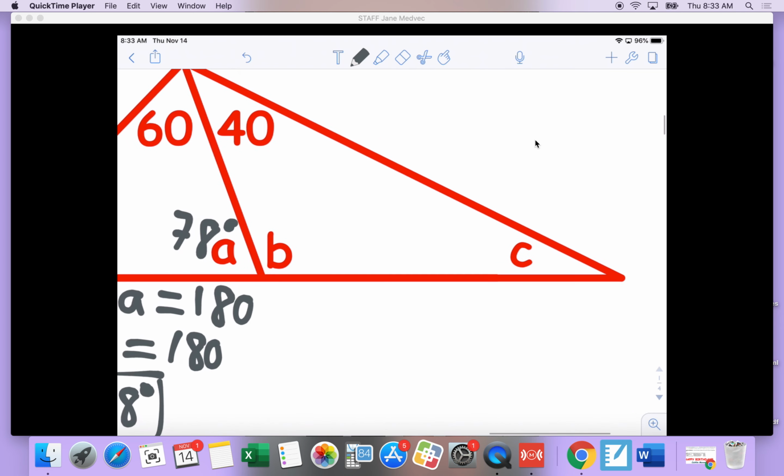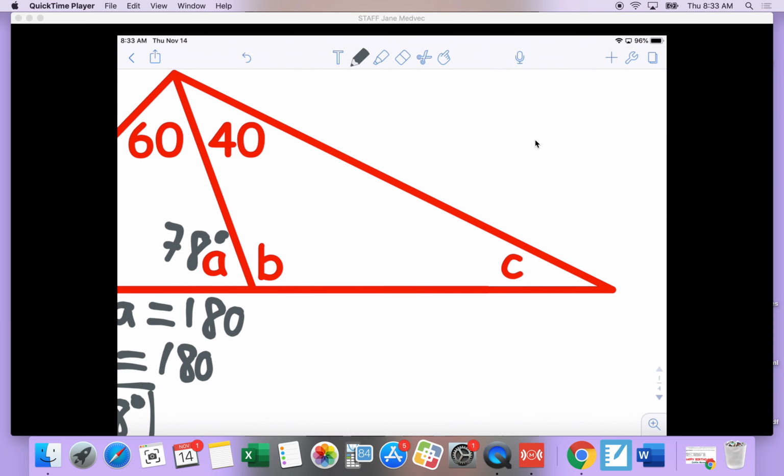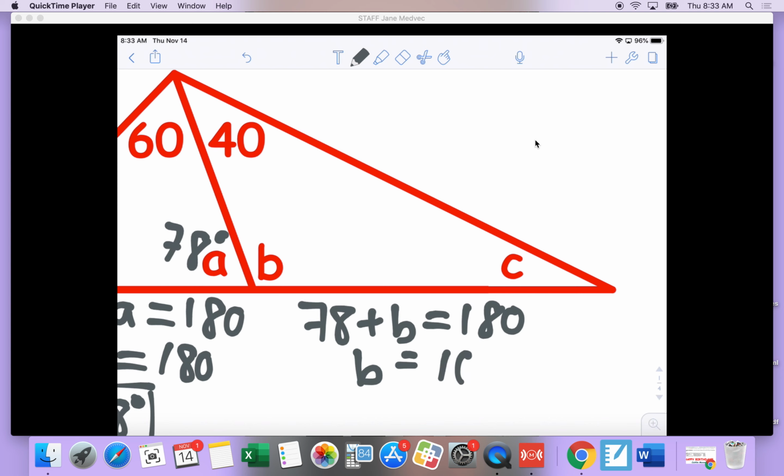Now let's keep going. What do I do about B and Y? How do I find it? Why is 78 plus B equals 180? They're supplementary angles. Very good. Linear pair. Yep, all of those answers. 78 plus B equals 180. So B ends up giving me 102 degrees.